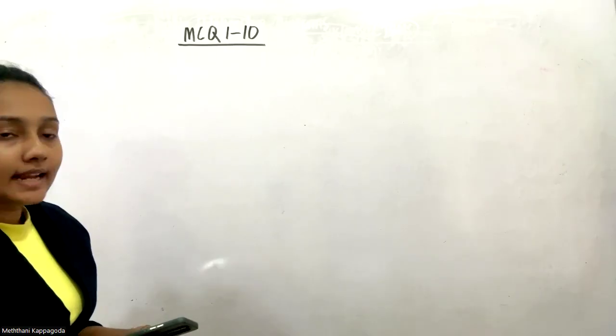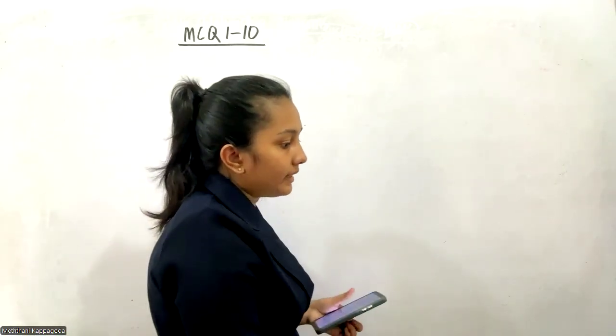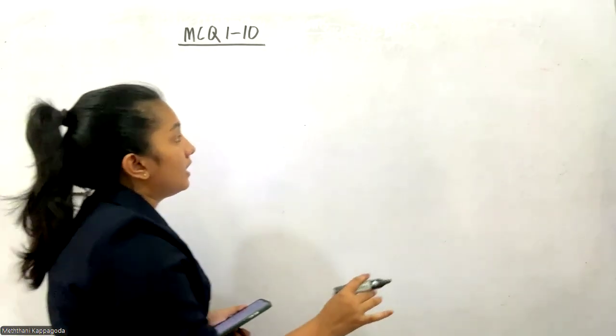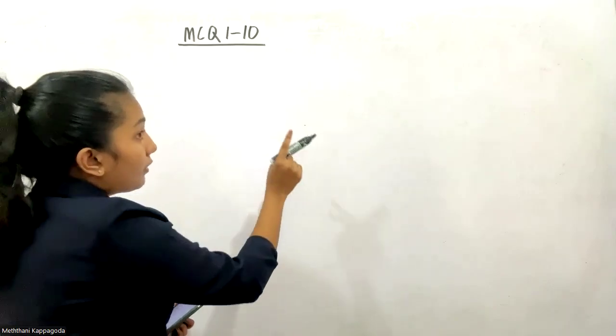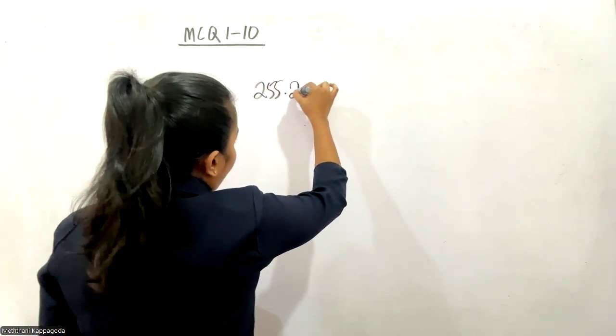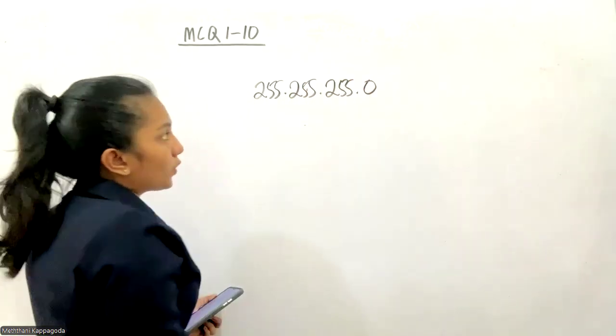For a class C network, how many hosts and how many subnets can there be? We have to check this. For a class C network, the default subnet mask is 255.255.255.0.